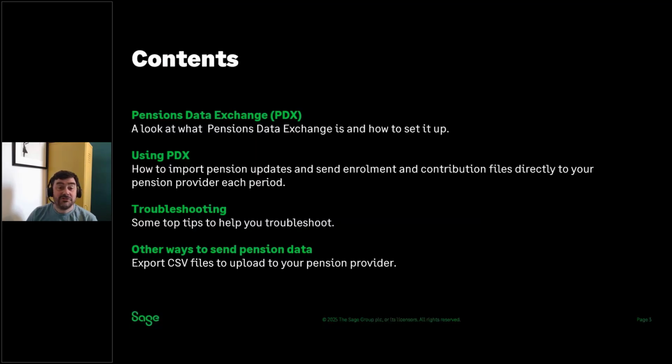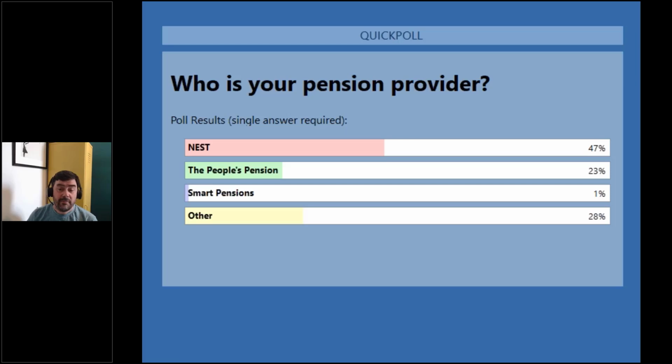And just to share those results with you, got a bit of a mix here. The most popular answer on 47% is Nest. A lot of small businesses have chosen Nest for their auto enrollment scheme, and that's actually the example we're going to use when we show you Pensions Data Exchange. Got 23% of you using the People's Pension, which is also supported by PDX, and 1% on Smart Pensions.